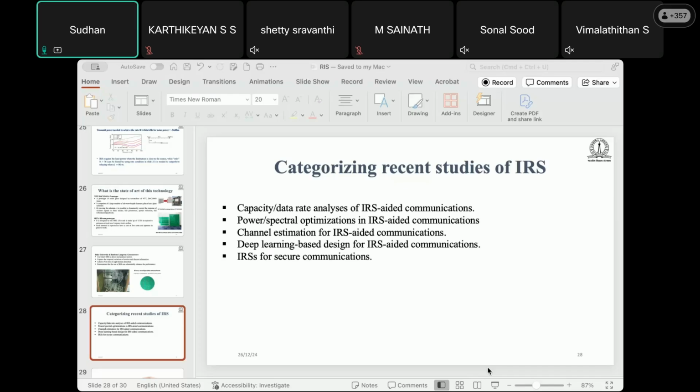If you look at upper layer security, I do not find any reference. But if you look at physical layer security by IRS as a physical layer device, then it has very good potential security compared to the existing physical layer security.